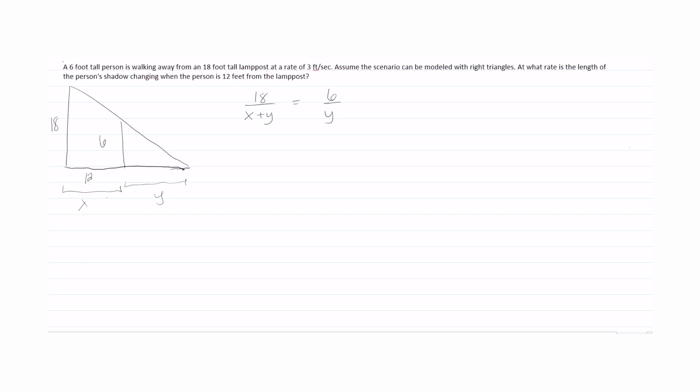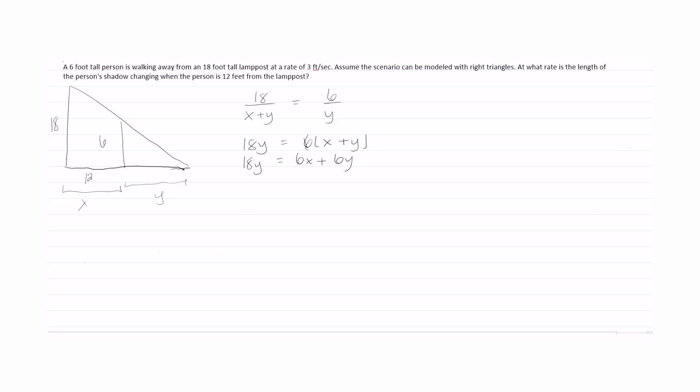We know what x is, but we don't know what y is, but this gives us the triangle is equal to this smaller triangle where the person is standing over the distance y. So if we do a little cross multiplication, we find that we have 18y is equal to 6 times x plus y, which gives us 18y is equal to 6x plus 6y.